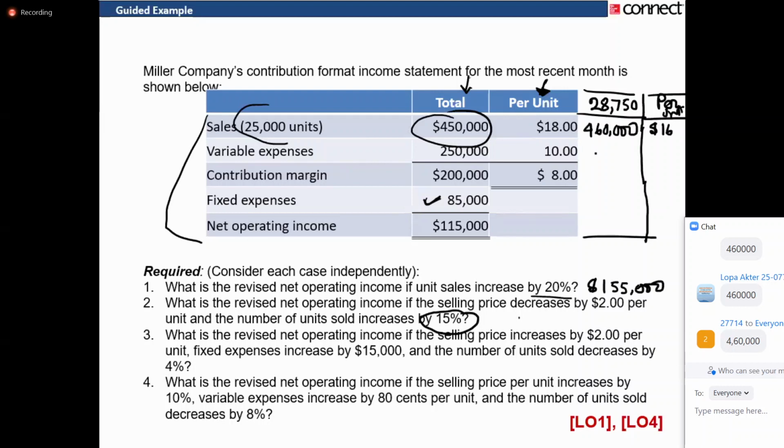And there has been no information given about the variable expense, so we assume that variable expense is the same as before, $10. So how can I find the variable expense? Should it be simply 287,500? Is it okay? Or do you expect any changes in variable expense for the changes in selling price?